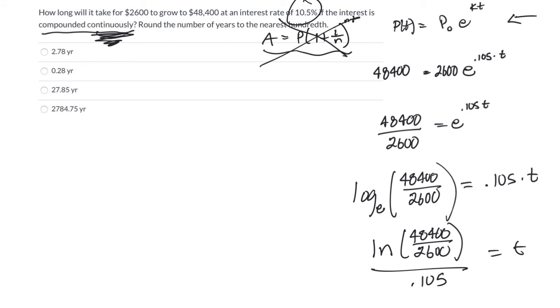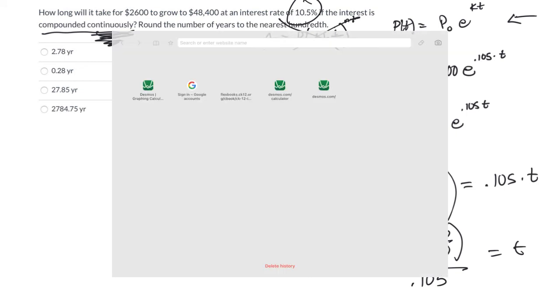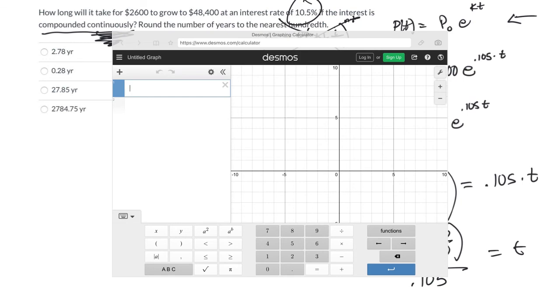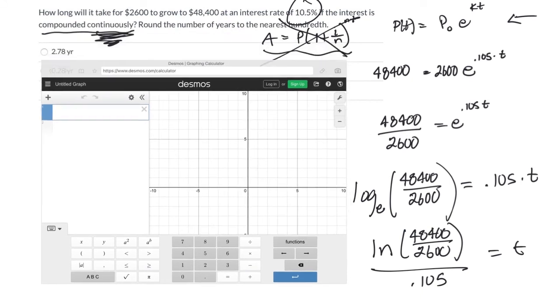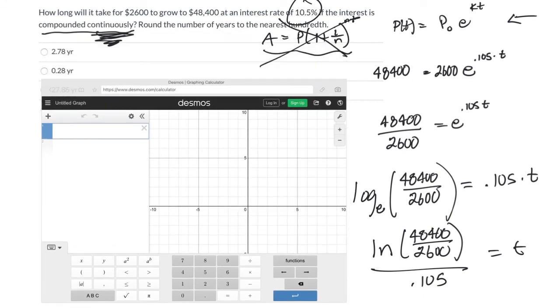And let's just do that in decimals. Make sure you're comfortable with that. Okay, here we go. So I want to go ln. Okay, whoops. Functions, miscellaneous, ln of 48,400 divided by 2,600.